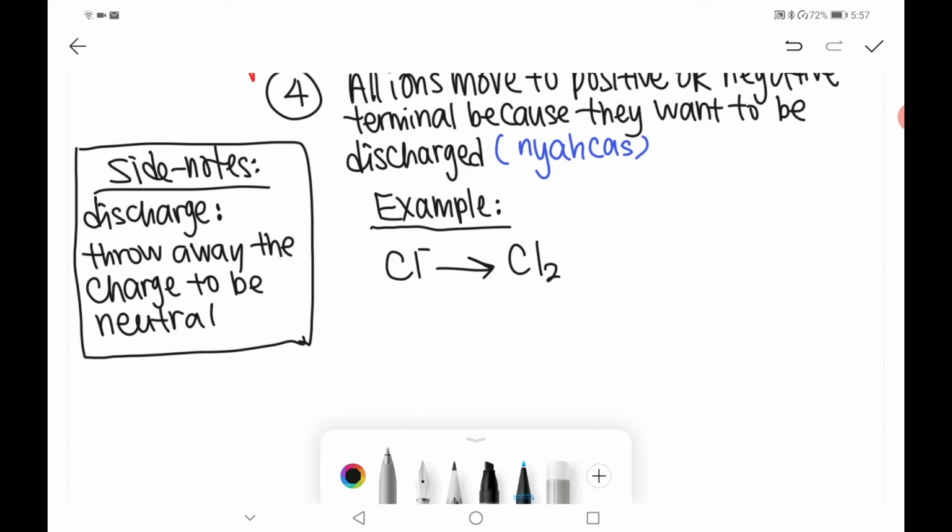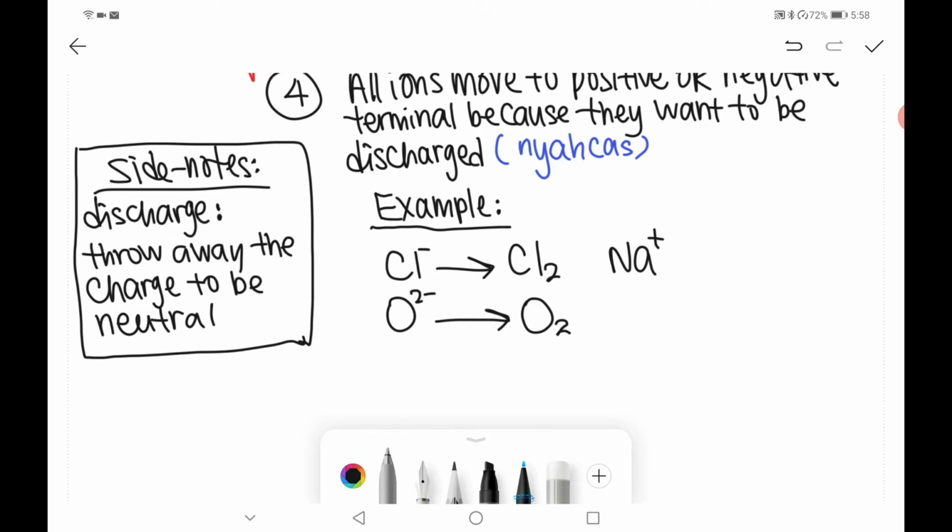Same thing with oxide, O2-: after you throw the charge away, you get O, but we never see O in a neutral form; it will be O2. One more, let's say Na+.